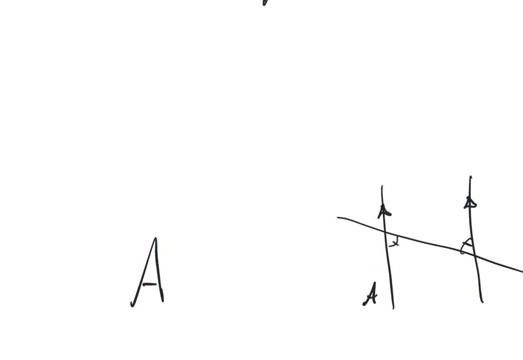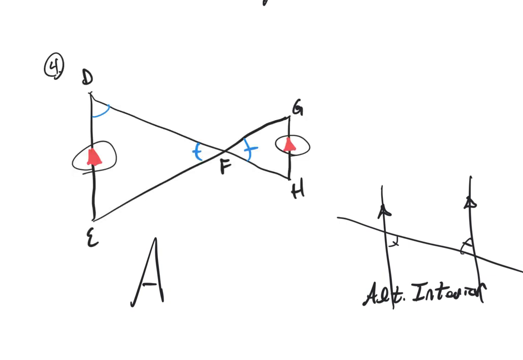Those again are called alternate interior angles. So therefore, back up to our picture, we can determine that the angle at D and the angle at H are going to be equal to each other because the parallel lines cut by a transversal, the alternate interior angles are the same. And that gives us, once again, a second A.